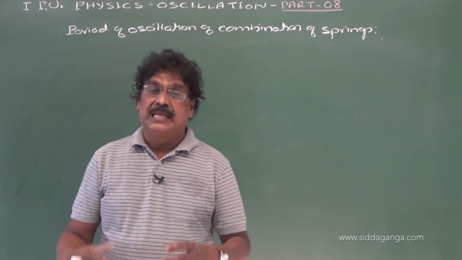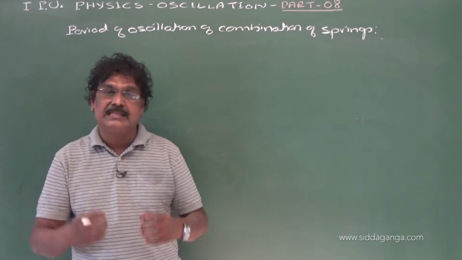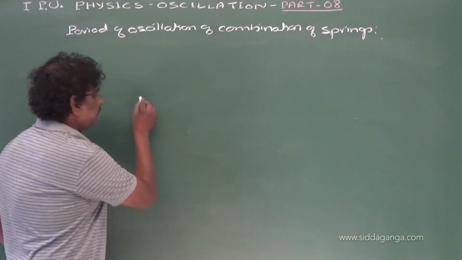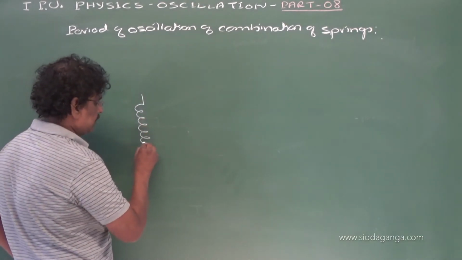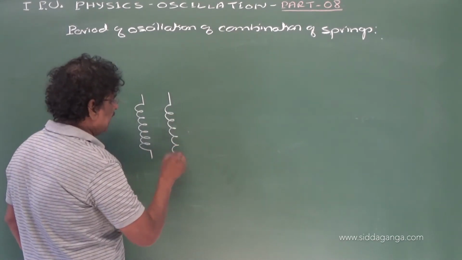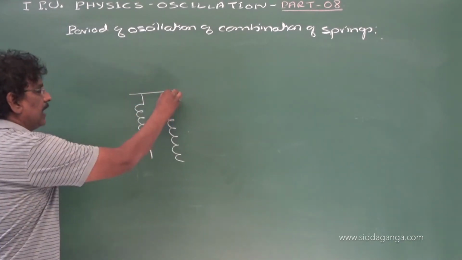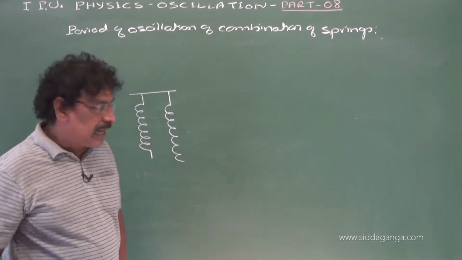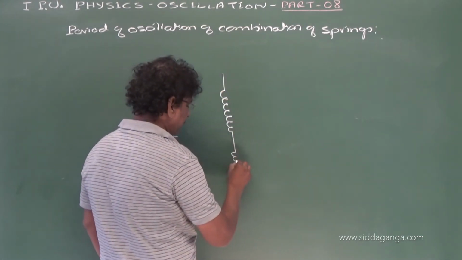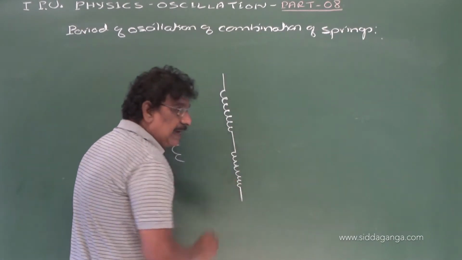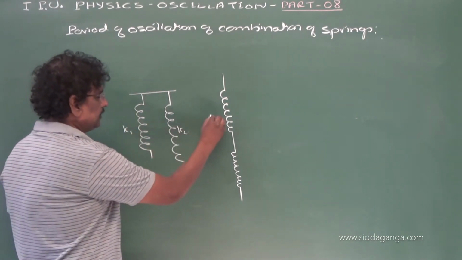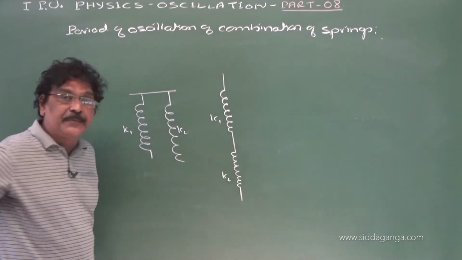You see the springs which are used in motorcycles, the shock absorber, they are like that. This is one spring on the left side, this is another spring on the right side, connected at a point. Now we can also have one spring and another spring arranged like this, say this is K1 and this is K2.